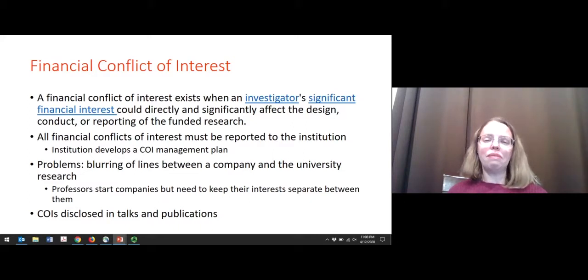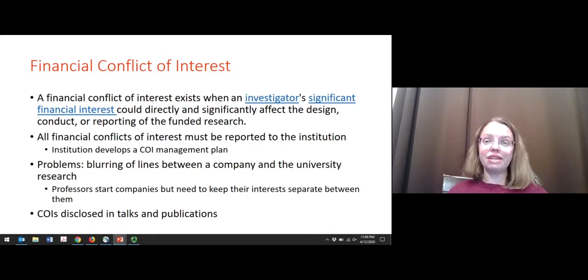So there's a real problem here, and that is there's often a blurring of the lines between a company and university research. In some ways, the university is encouraging everybody to start your own company, right? Be an entrepreneur. But when you do that, you have to keep the interests separate. There was a story a couple years back where a professor actually got arrested for using university property and university resources for their company.